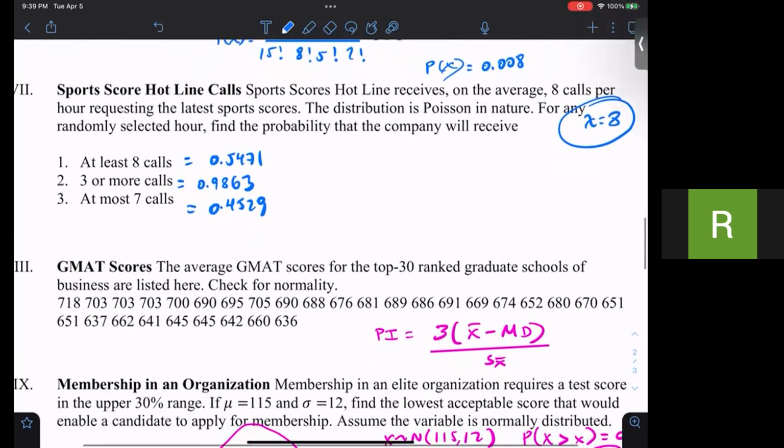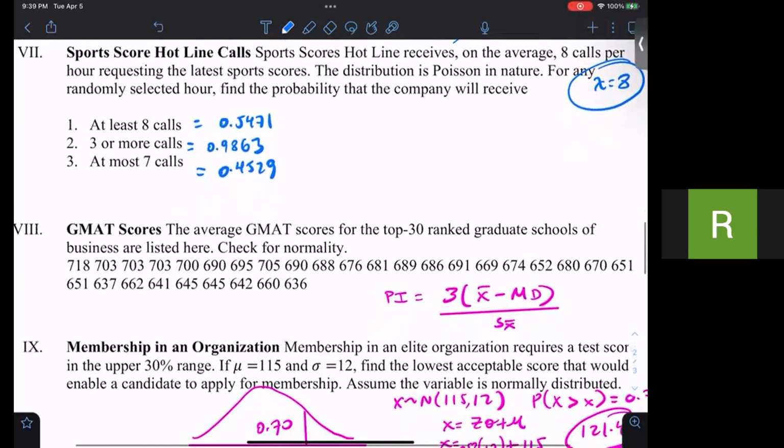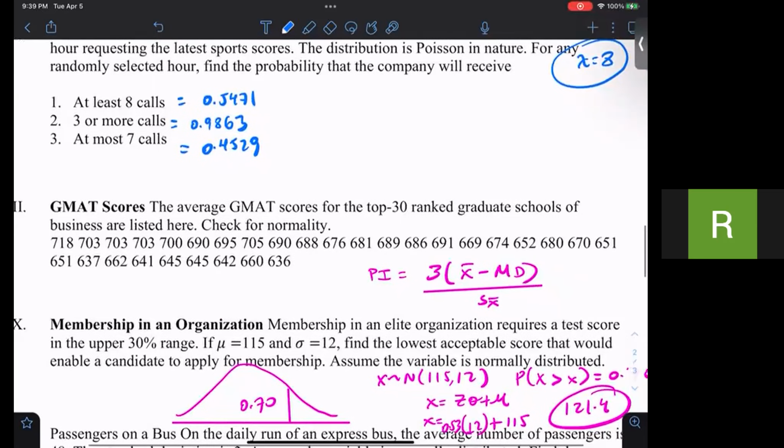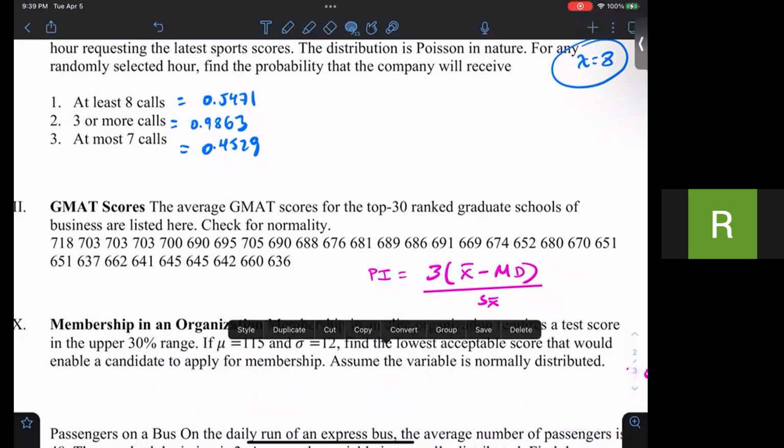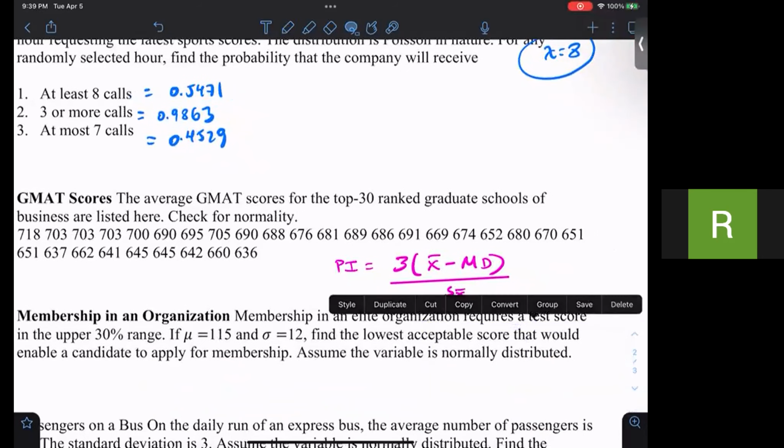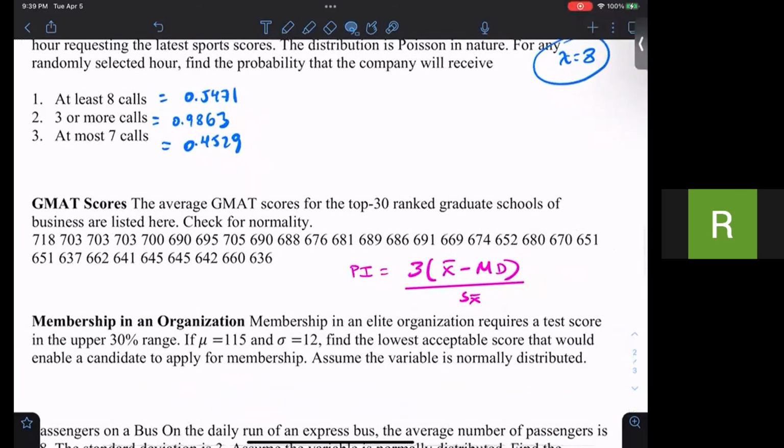So here, in the next question, they're asking you about the average GMAT scores for the top ranked graduate schools of business. Check for normality, right? So this is not difficult. You can use the Pearson index coefficient of skewness. You just need the mean, the median, and the standard deviation.